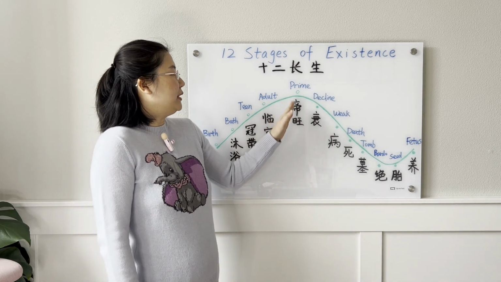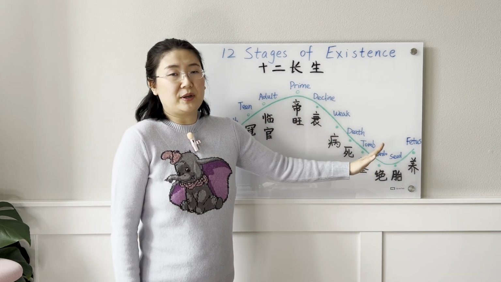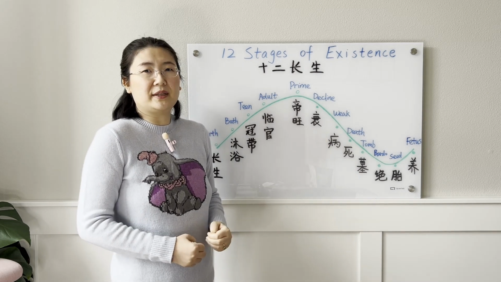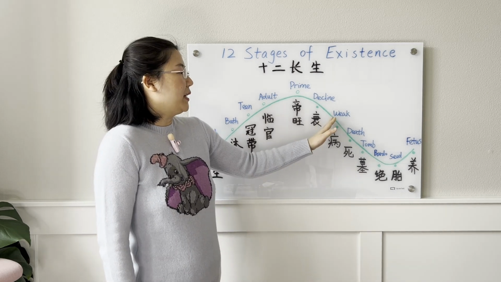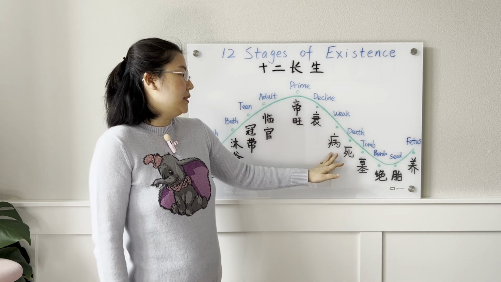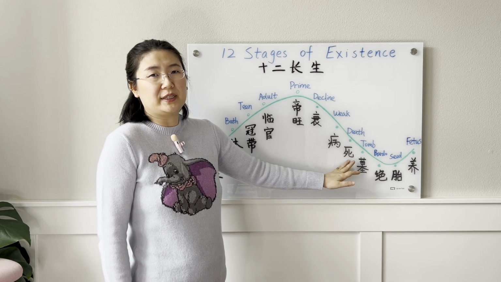And after 地旺, it's the downhill momentum of this trend line. So there is the decline of your physical strength and health, and then we become weaker. Sometimes it will show up as illness and disease before we reach this unavoidable stage of death.